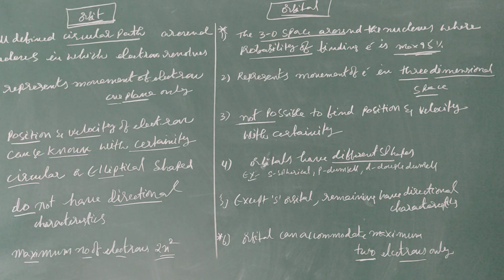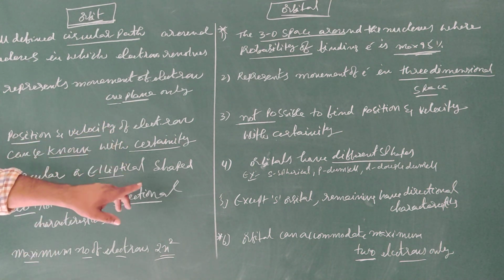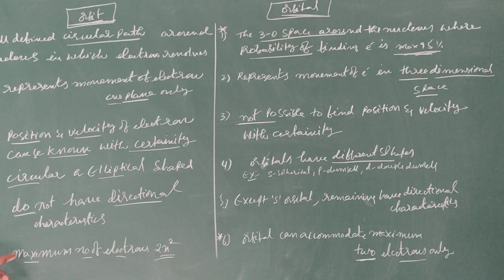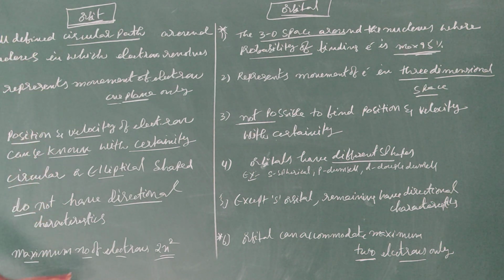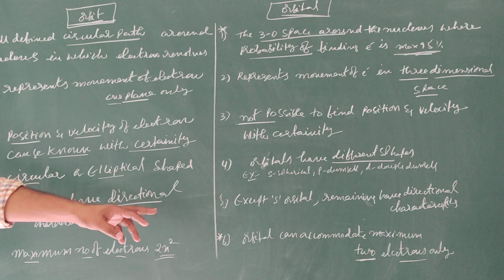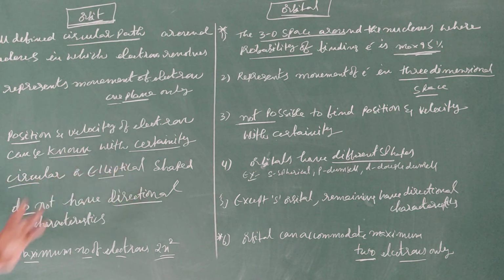Please observe the difference. Questions are asked many times in objective exams. Once again, the maximum number of electrons in an orbit is 2n square, and in an orbital it is 2.